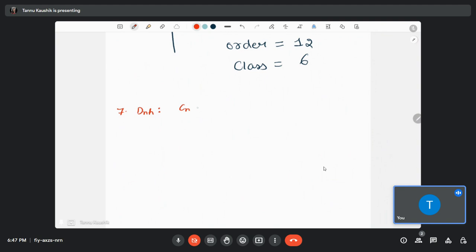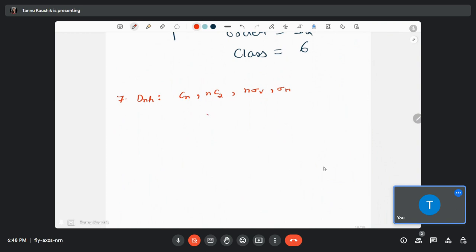It has Cn as principal axis of rotation, then n C2 perpendicular to it, n sigma v planes, sigma h horizontal plane, and Sn present, and if n is even, then i will also be present.